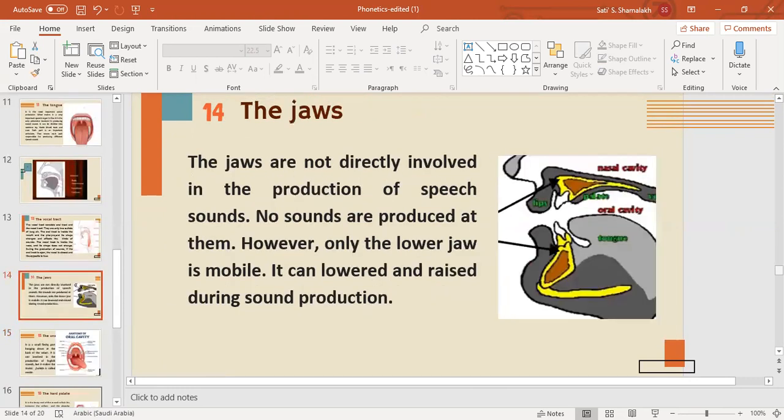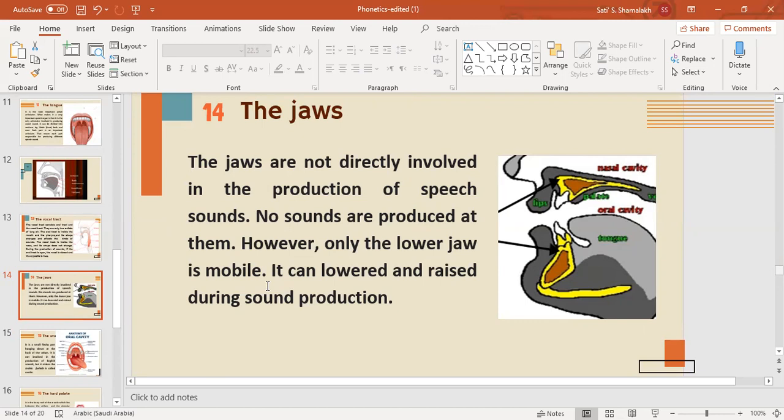Now, the jaws. Do you know the jaw? The jaws, الفك, we have two jaws. The jaws are not directly involved in producing sounds. We don't use them to produce sounds. No sounds are produced at them. However, only the lower jaw is mobile.